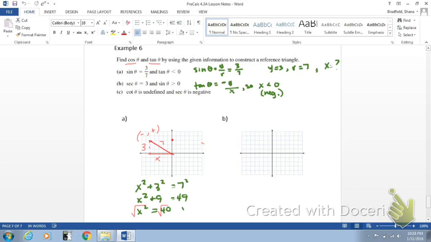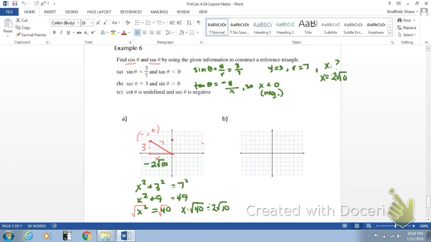You get x equals the square root of 40, or 2 square root of 10. Now, when I take the square root, it can be positive or negative, and we know in this case that we want a negative x value. So my answer for x is negative 2 square root of 10. So I can go back up here at the top and state that x is equal to negative 2 square root of 10.